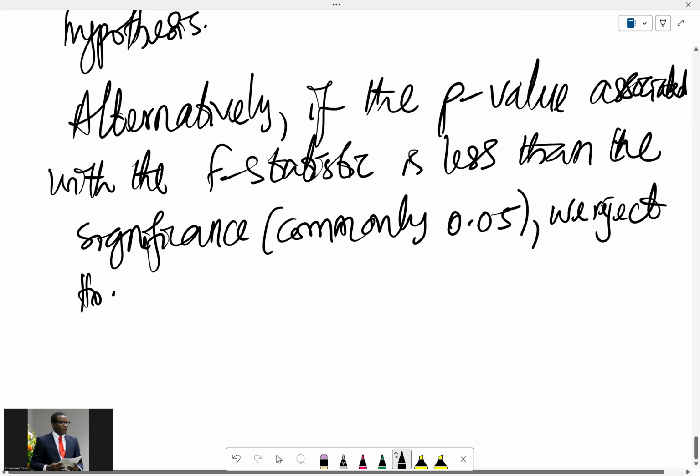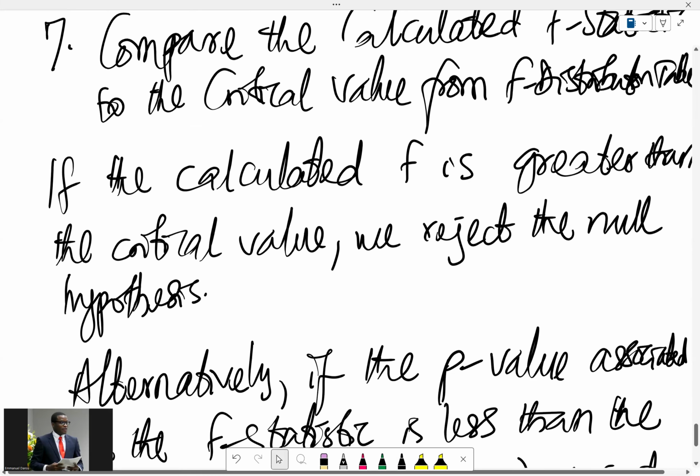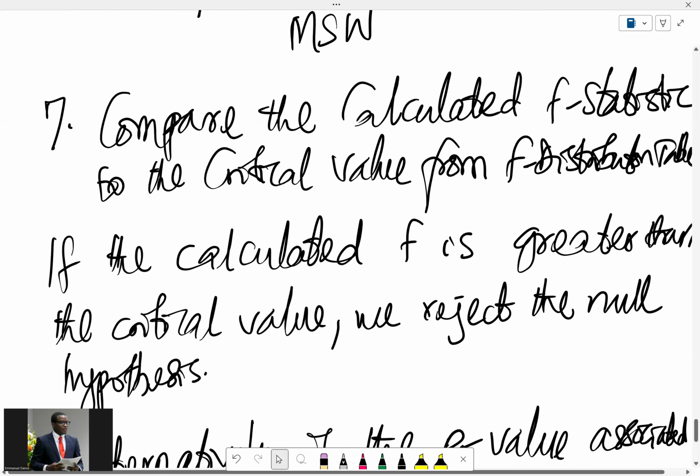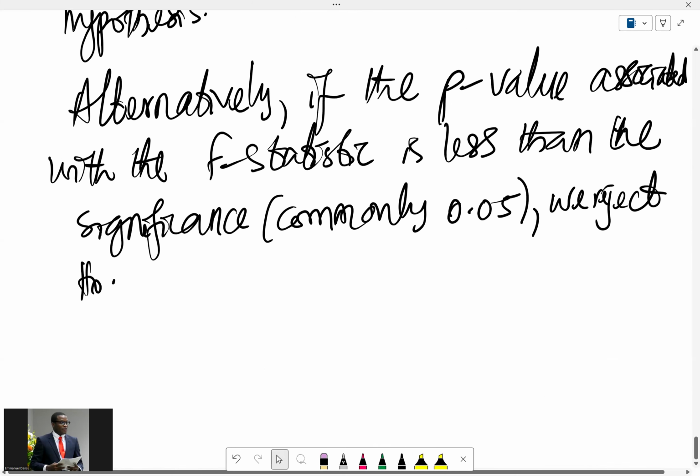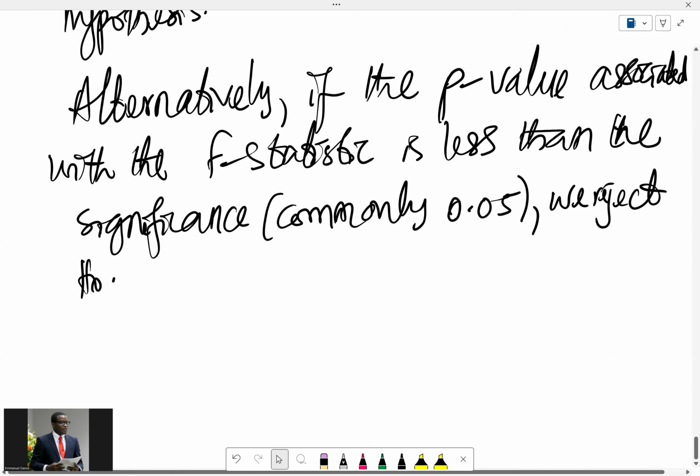So you can either compare the critical value with the F statistic, or use the p-value and the significance level.